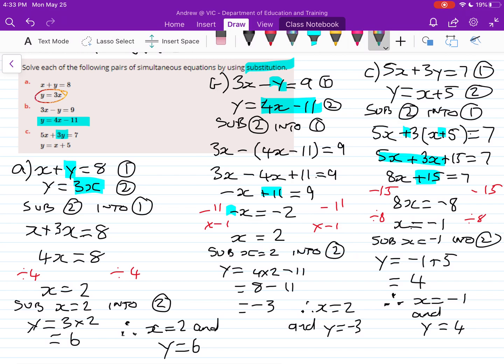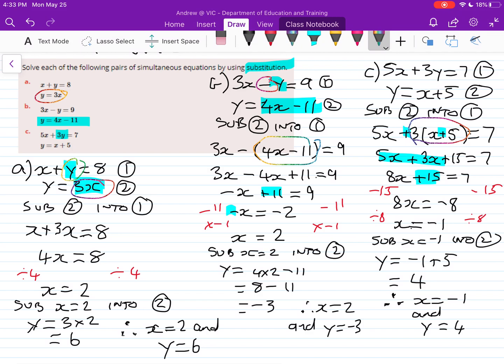So, this is how you go about doing substitution. So, just remember some key things is just subbing these values back into your equation, like here. Watch out for negatives, like in B, and making sure that you multiply all of it by the negative, and then just make sure, like in the third one, that you're expanding out your brackets properly as well, okay.